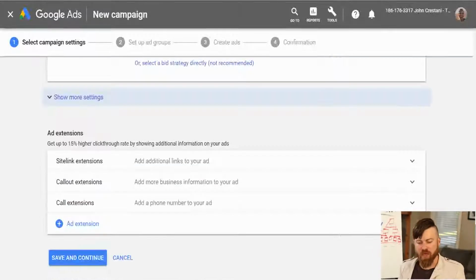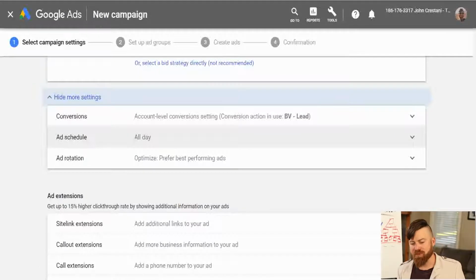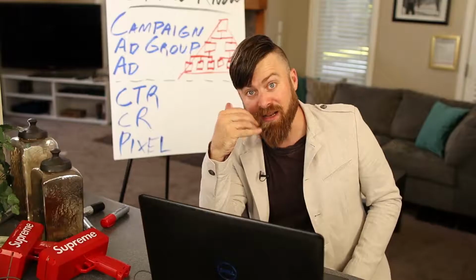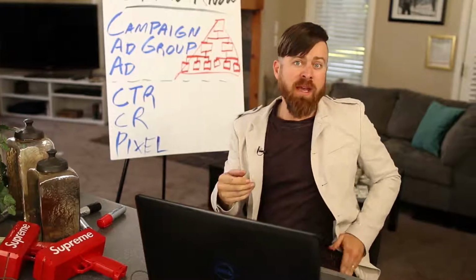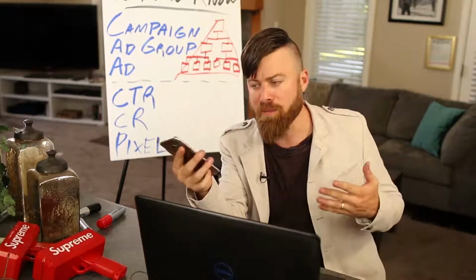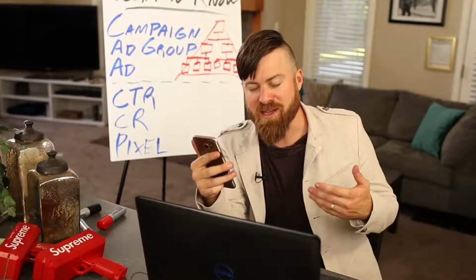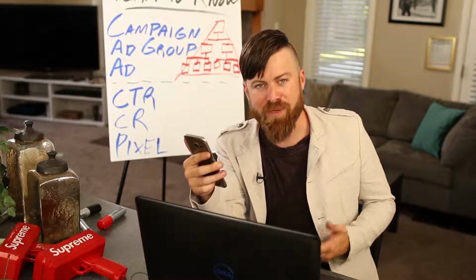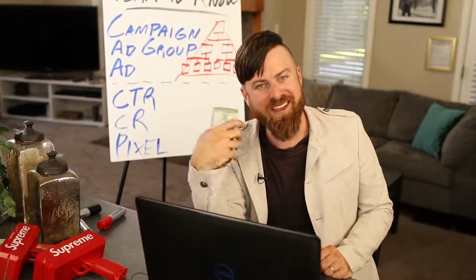Now, the next thing I'm going to look at is show more settings. Now, if I was advertising a particular company which only took phone calls, let's say you are a plumber and you want to get more leads of people calling you that have broken pipes or whatever. You'd advertise on burst pipe, but you're not going to take a phone call in the middle of the night.